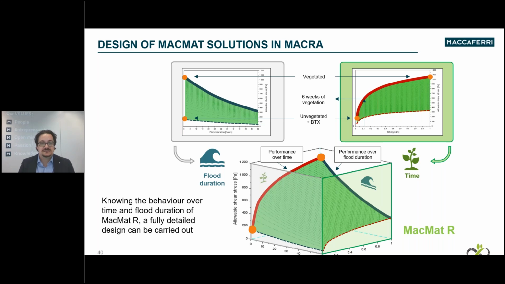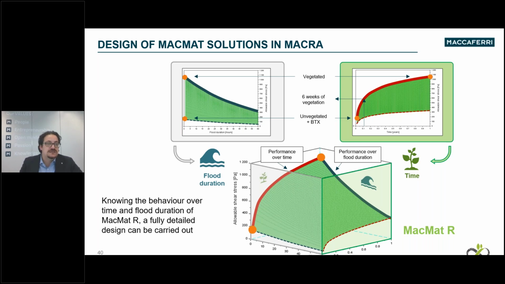We have an ISO fluid graph that shows you the behavior of the product related to the flood generation and to the allowable shear stress applied. You have a dotted line that represents the behavior of the unvegetated product, and a straight line that represents the behavior of the vegetated product.